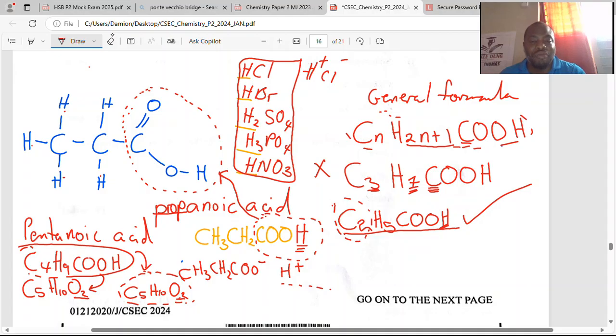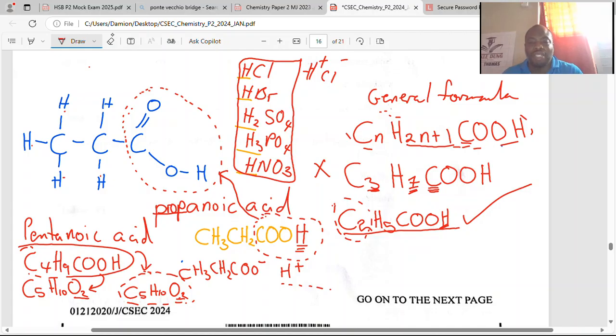If they react with a base, it is the salt and water. If they react with a metal carbonate, it is the salt, carbon dioxide, and water. It follows the same principle in terms of the reaction. The only difference is that the hydrogen is written at the end.